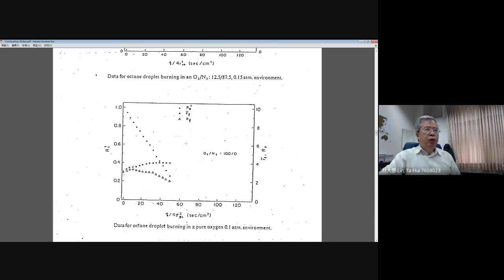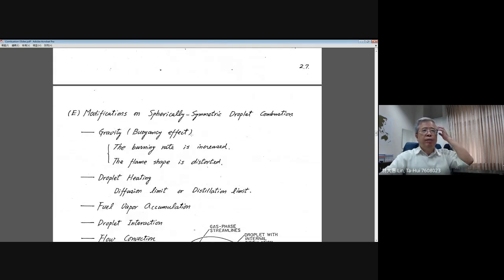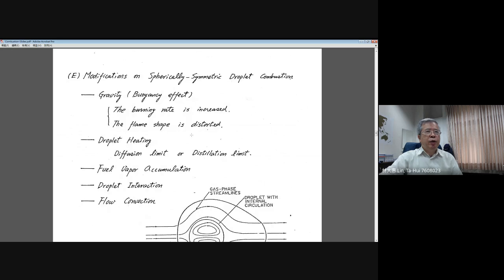Now I want to give some conclusions to think about spherically symmetric droplet burning. From the previous formulation based on the D-square law, we try to simplify our problem. Therefore, you have some assumptions. We try to neglect gravity, but in reality gravity will give you the buoyancy effect, especially accompanied with the big density difference near the diffusion flame.